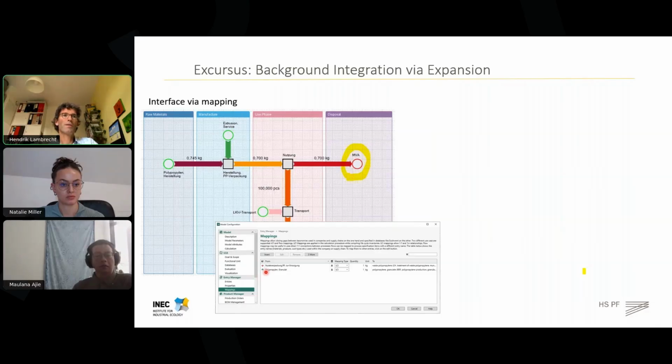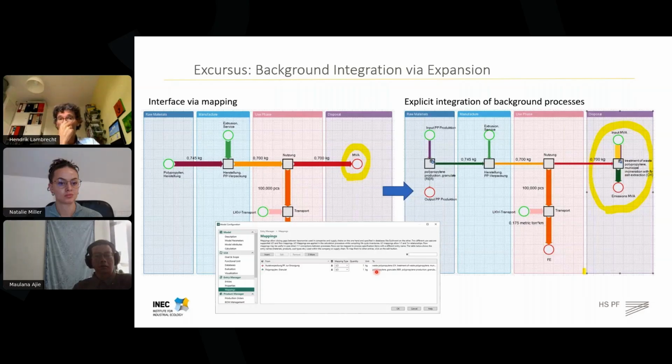So I have a material which I defined myself, for example, the polypropylene granulate. And then I make this explicit connection to an exchange in, in this case, ecoinvent, by doing this mapping. And so I connect my material to the material of the background database using, of course, all the information which is included here. But once more, for me, it's about doing this consciously and not just somehow.